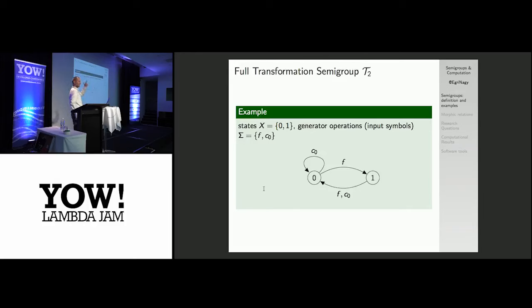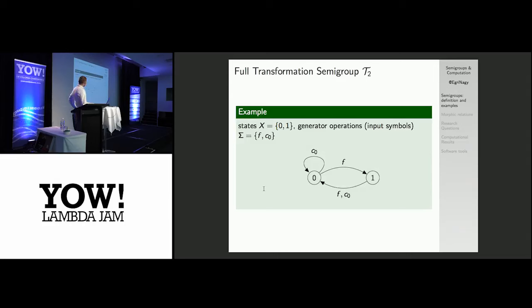So I also have that one. This is quite typical in semigroup theory. That's the way you can grab the object, your semigroup: you give generators, okay? So you don't give the full multiplication table, but you give a few, and you do all the products and see what you get exactly.